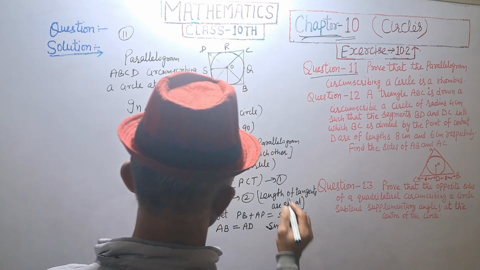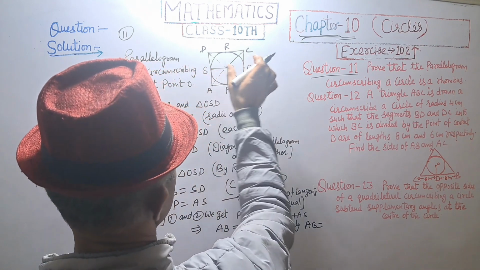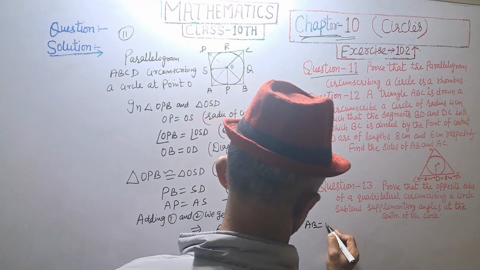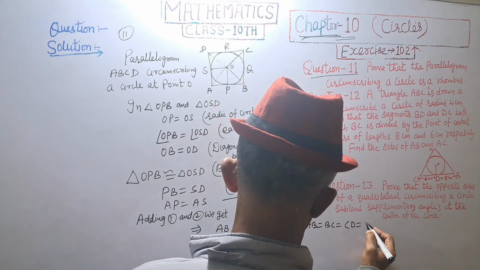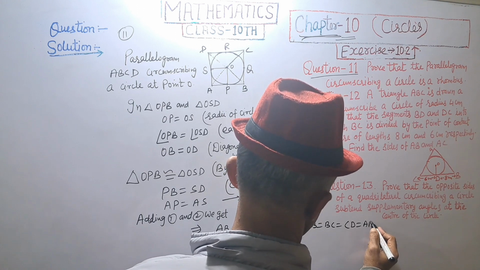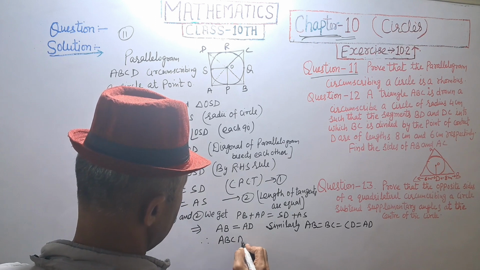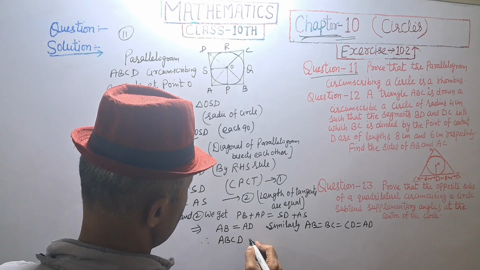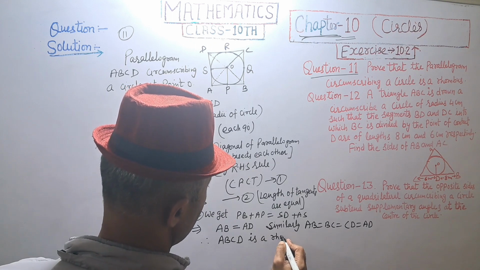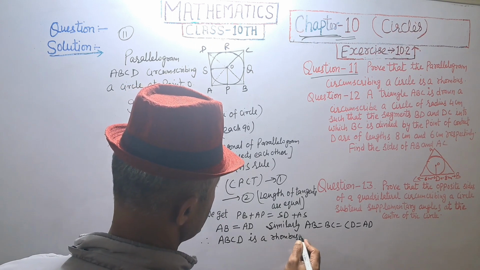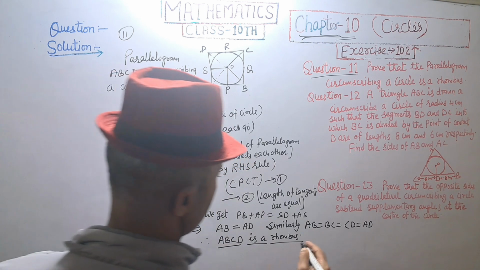Similarly, AB is equal to BC is equal to CD is equal to AD. Hence, ABCD is a rhombus. Hence proved.